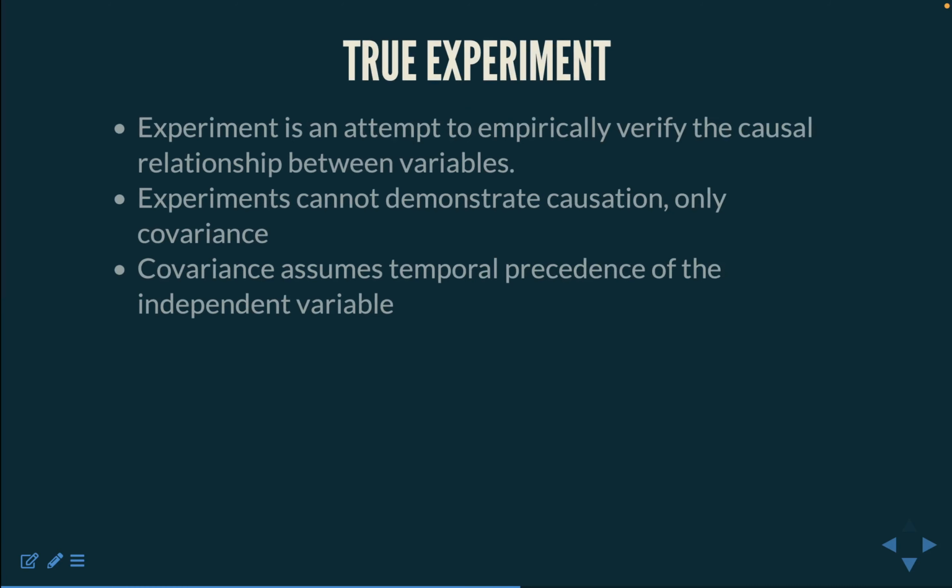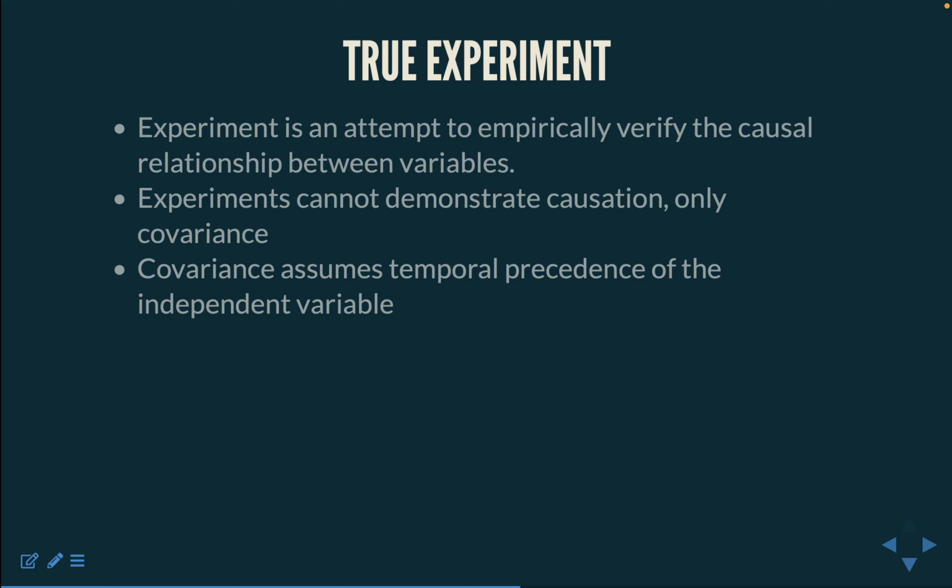An experiment is an attempt to empirically verify and corroborate the hypothesis of the causal relationship between variables. Experiments cannot demonstrate causation, only covariance. They are designed to measure the degree to which a relationship exists between the identified variables.